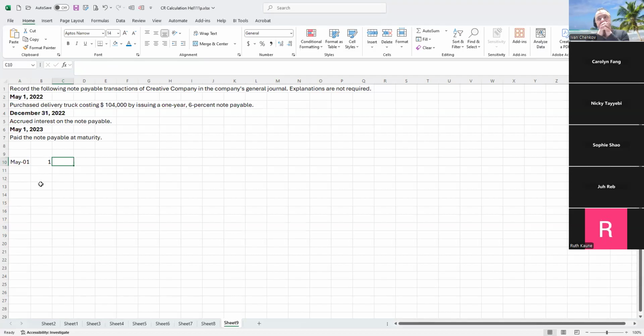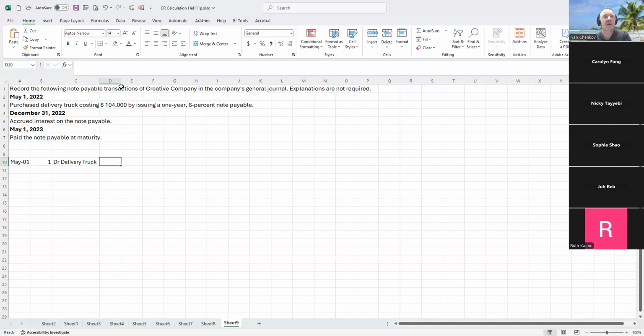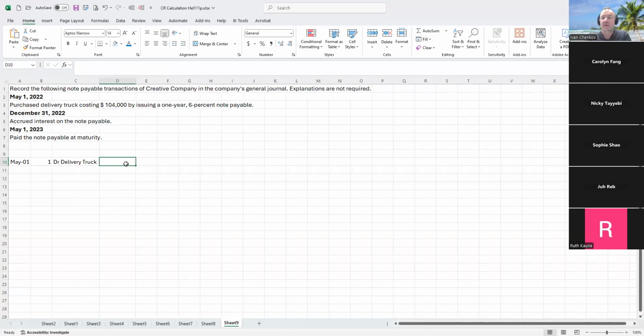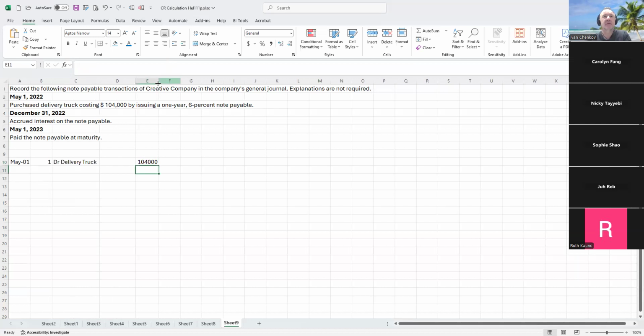Let's get the truck. What do we get? Debit delivery truck. What's the cost that we have to depreciate? 104,000. Okay, we get that one.